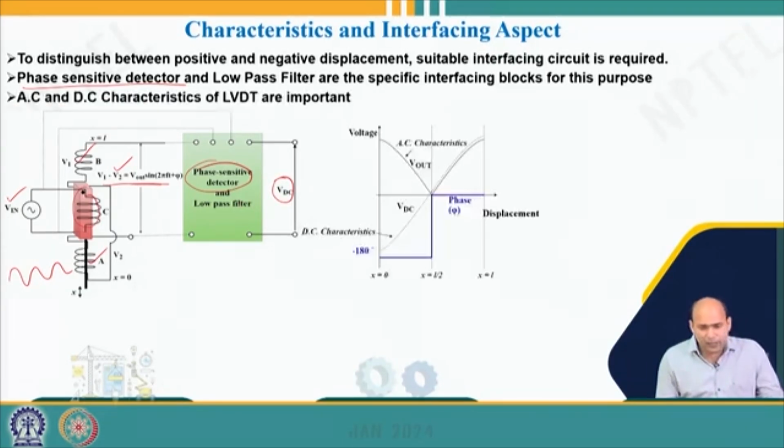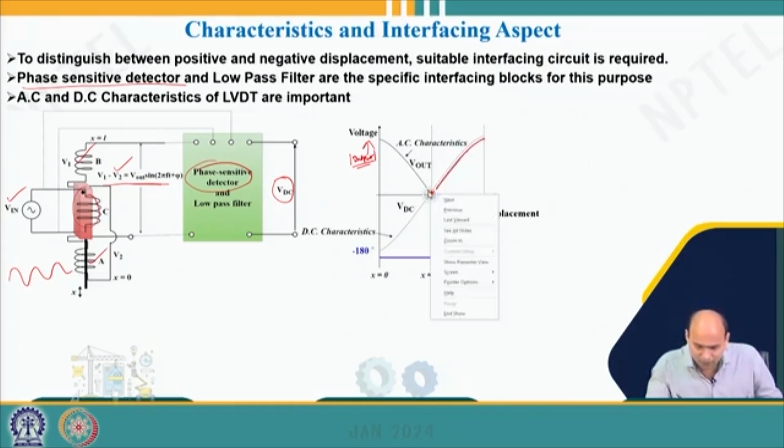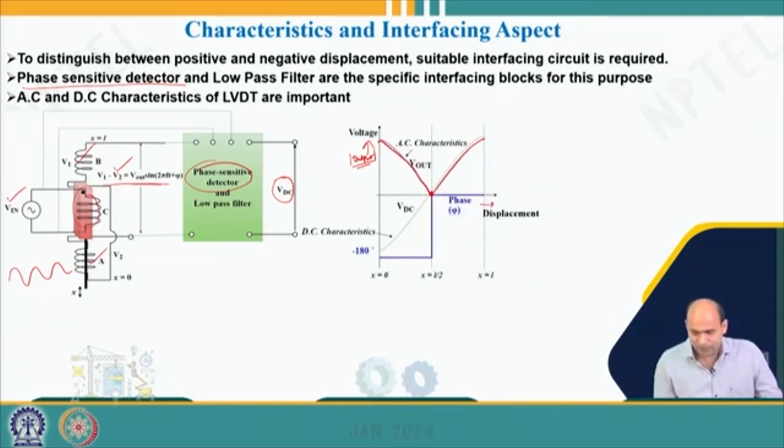So if I look at the characteristics, suppose this is the displacement on the x axis and the voltage on the y axis, and now if I look at only the AC amplitude, if I take the mod value of this output, then this will be your corresponding AC characteristic with respect to the displacement.